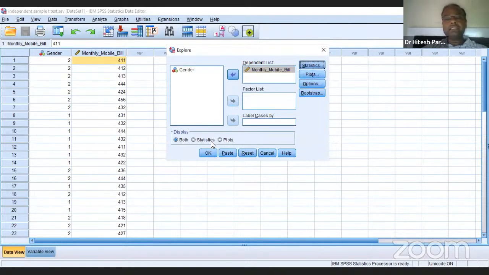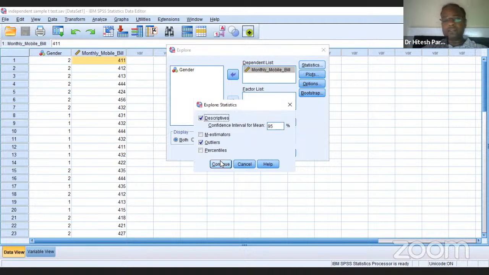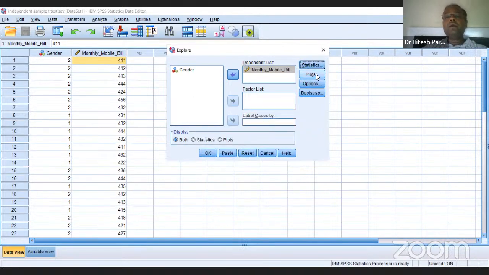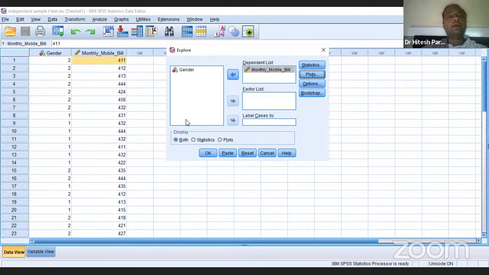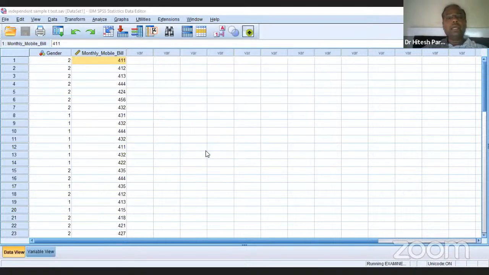Click statistics, tick outliers, continue. Click plots, then histogram and normality plot with test. Then continue and OK. Should I press OK? Okay, great. Just click OK and you will get your output.